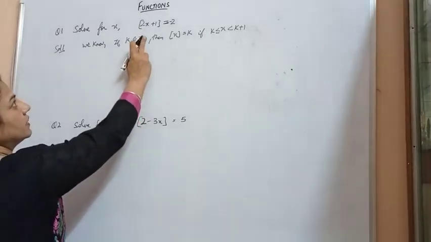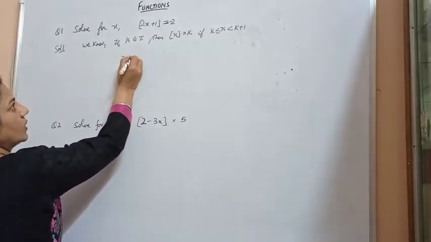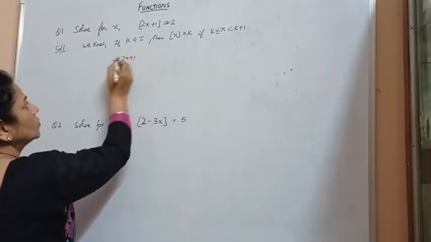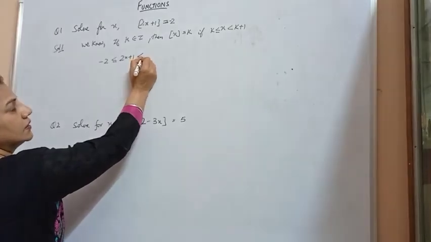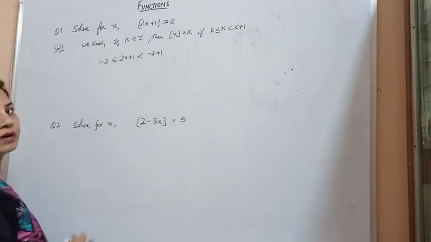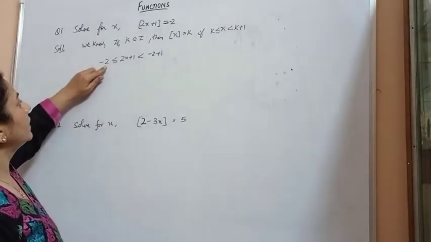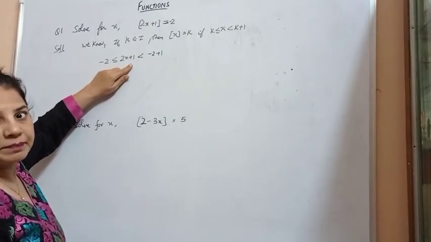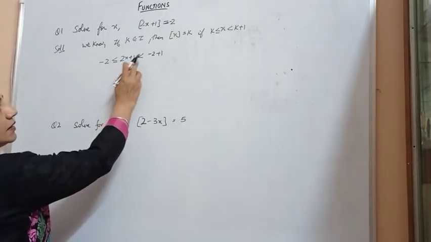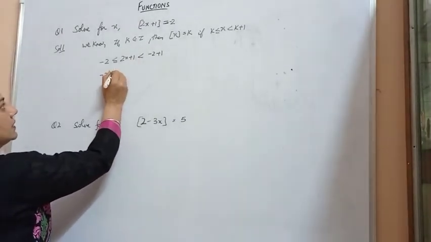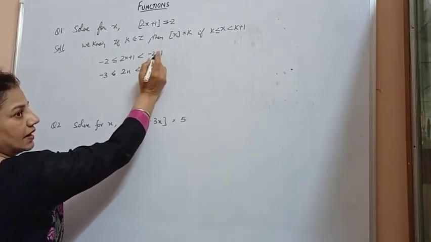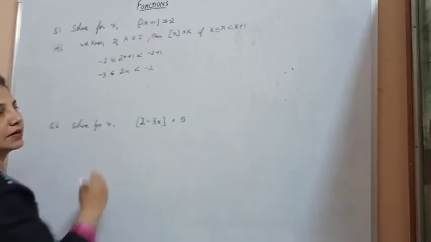In this particular case, the value of k is -2. So we have 2x plus 1 is greater than or equal to -2 and less than -2 plus 1. So subtract 1 on both sides, we get -3 less than or equal to 2x and less than -2 plus 1 is -1, and -1 minus 1 is -2.